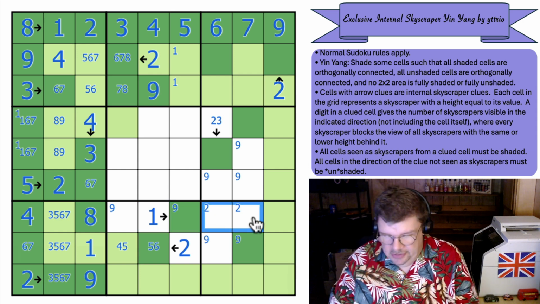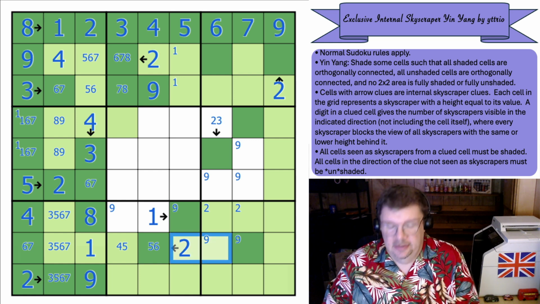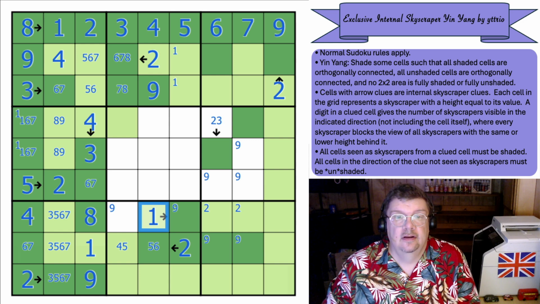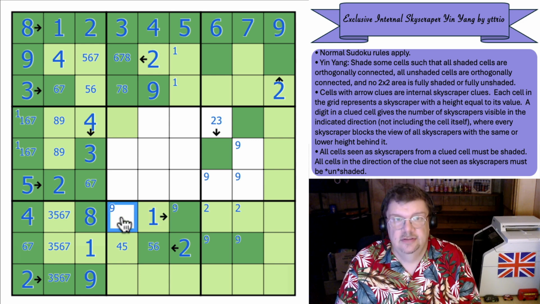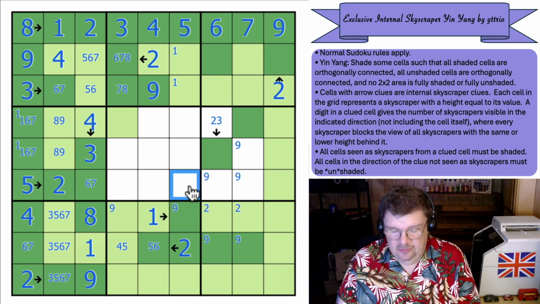These are now unshaded. That's very nice. Now that has to get out, so both of those are shaded. Let's shade them properly. We have a 2 by 2, so we can unshade that. We have a potential checkerboard, so we can unshade that. This has to get out. This is shaded.